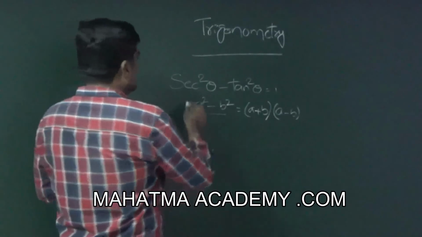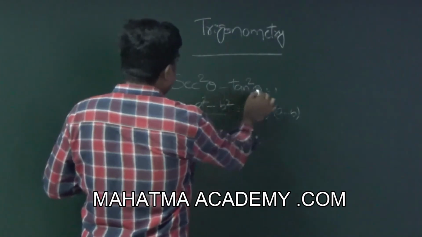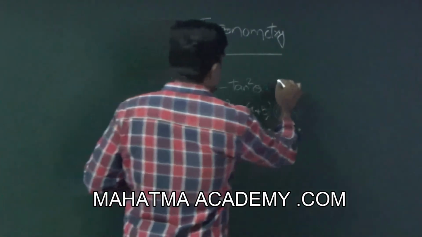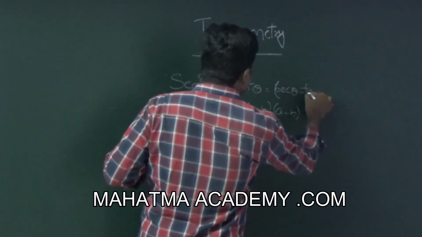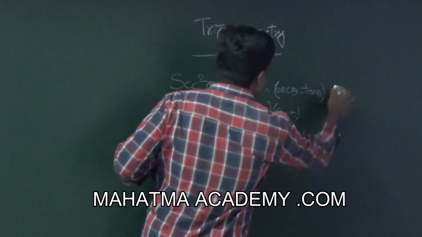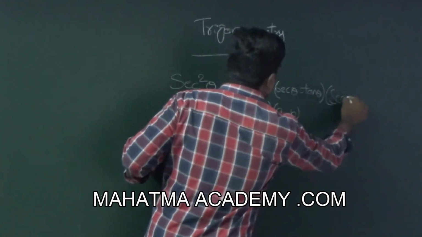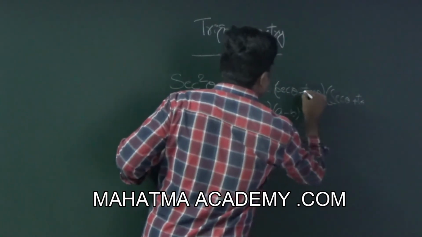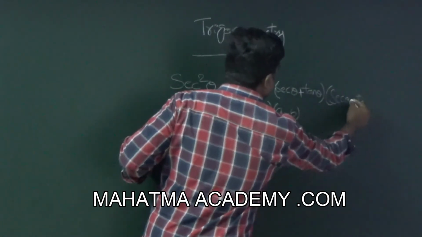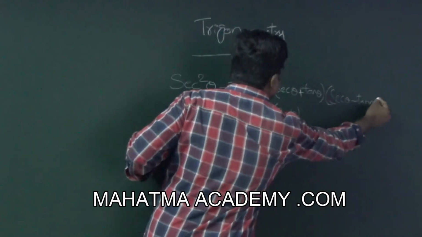Similarly, secant square theta minus tan square theta is written as secant theta minus tan theta into secant theta plus tan theta.